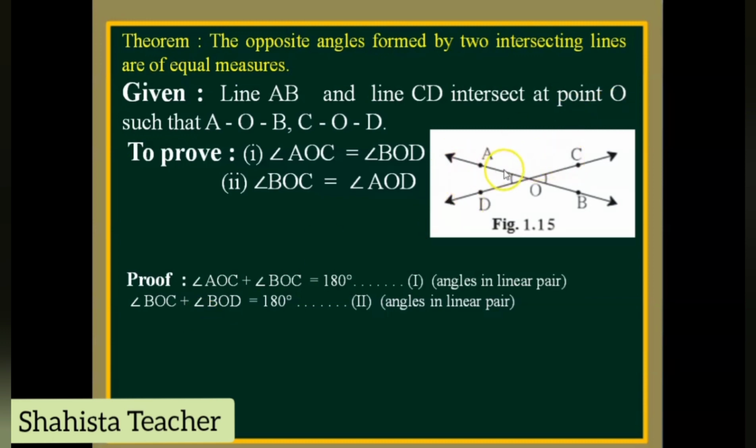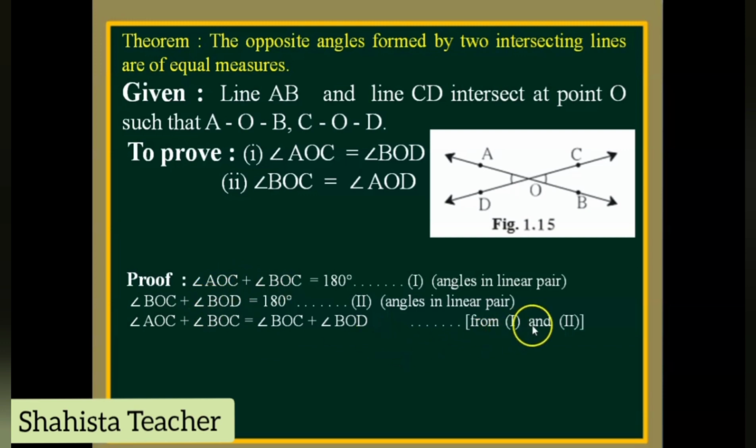Whenever two angles form on one line, it is a linear pair. So angle AOC plus BOC is equal to BOC plus BOD.